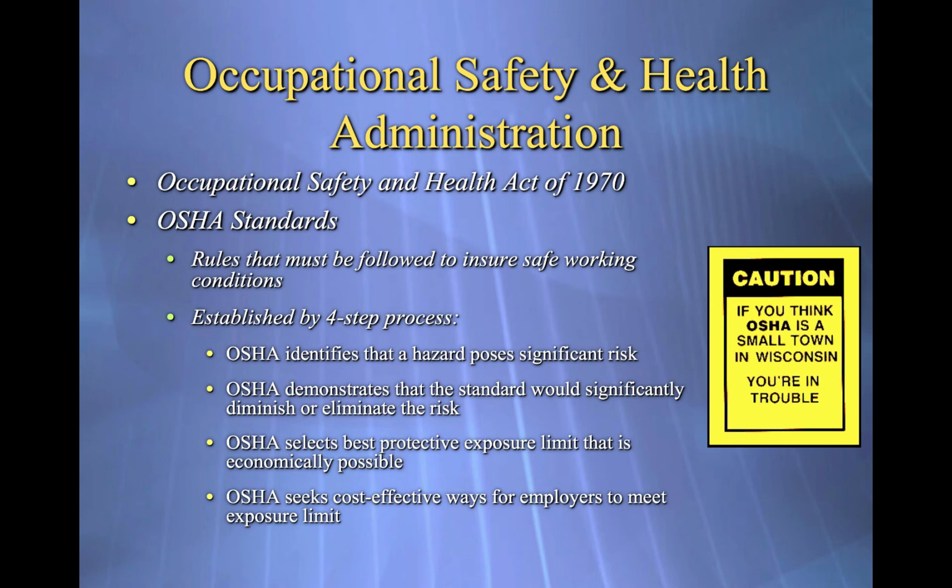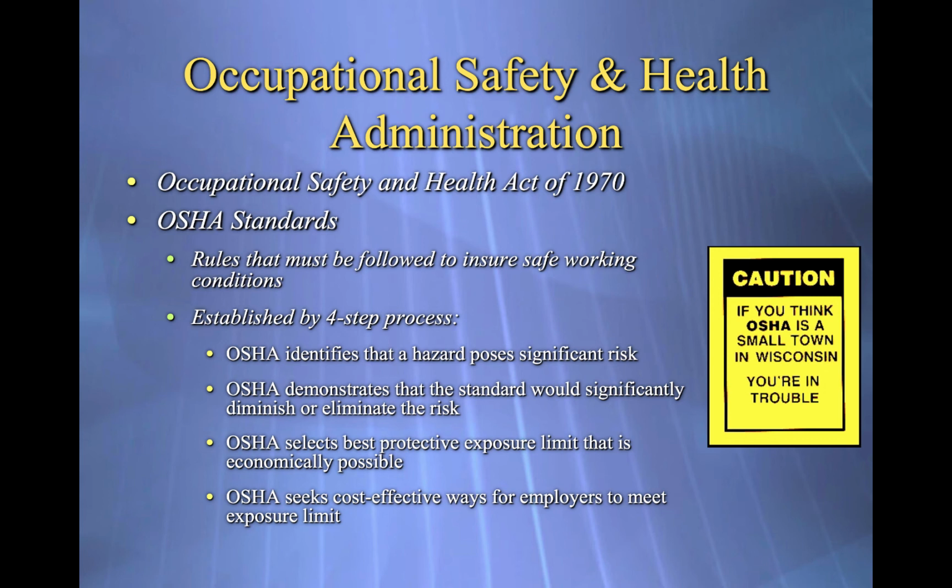The rules are established by a 4-step process. OSHA identifies that there is a hazard in the workplace that poses a risk. They demonstrate that the standard, if used, would significantly diminish or eliminate that risk. OSHA will select the best protective exposure limits, if it's chemicals or biohazard, whatever, that is economically possible.